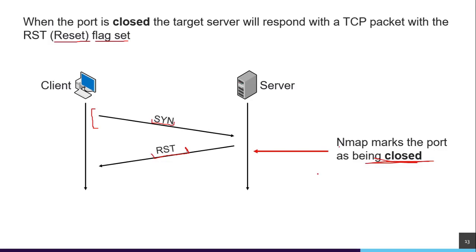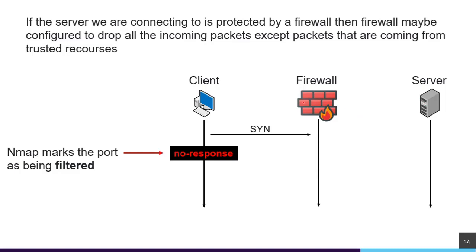The third scenario is when the server is behind a firewall, and this firewall is configured to drop incoming connections from all IP addresses except the trusted ones. If the server we are connecting to is protected by a firewall, it might be configured to drop all incoming packets except those coming from trusted sources.